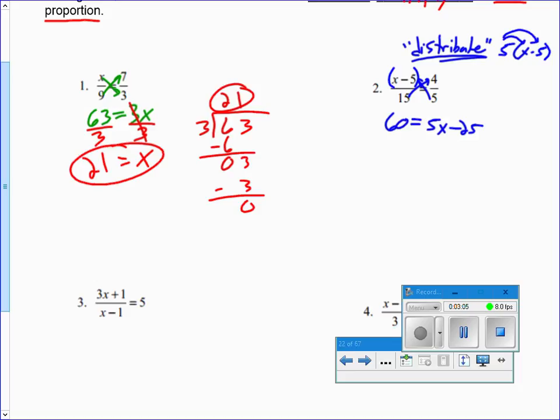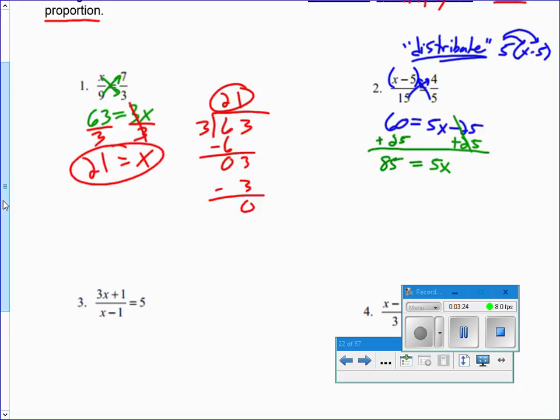From here again we have a linear equation, and we're going to solve it the same way we've been solving linear equations. Move all our numbers onto the opposite side. Cancel out right there. We have 5x equals 60 plus 25, which is 85.